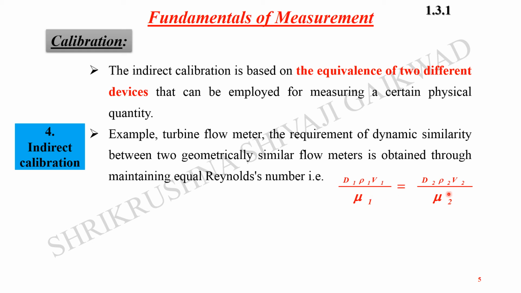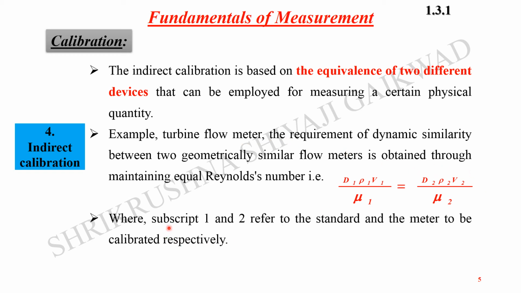Then similarly the corresponding physical quantities for the unknown device will be flowing through the other path having different dimensions, and they are utilized for measurement or calibration purposes. Here the subscripts 1 and 2 refer to the standard reference and the meter to be calibrated, respectively, on the right hand side.